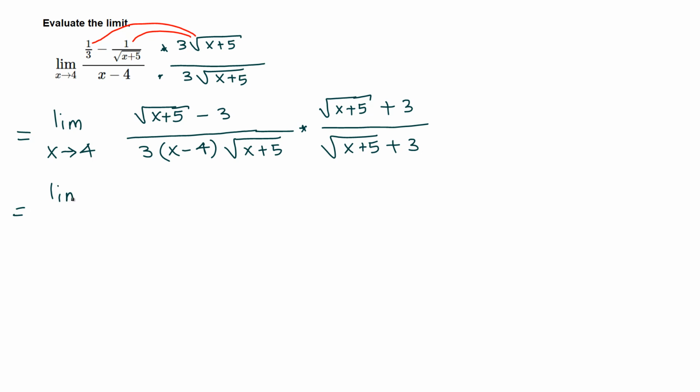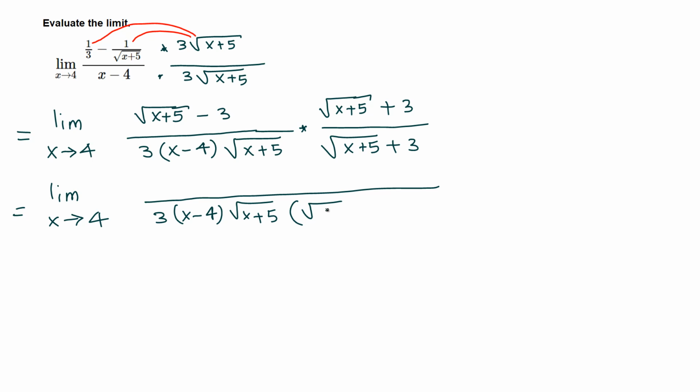That is the limit as x tends to 4 of, there is no issue on the bottom, so let's write everything: 3 times (x minus 4) times (root x plus 5) times the whole thing times the quantity (root x plus 5 plus 3).